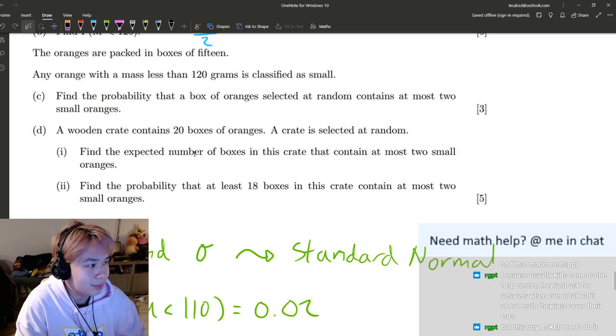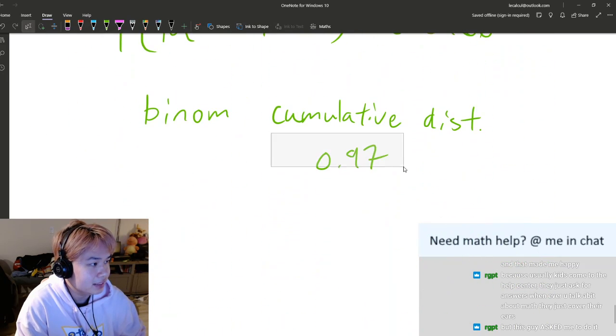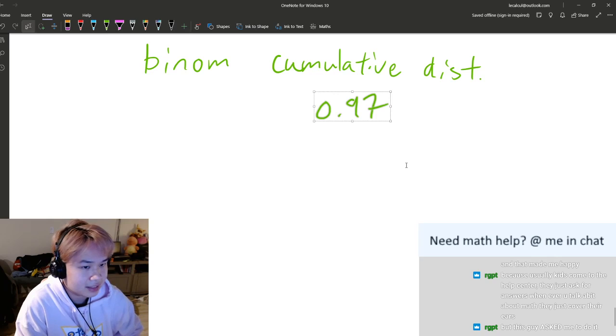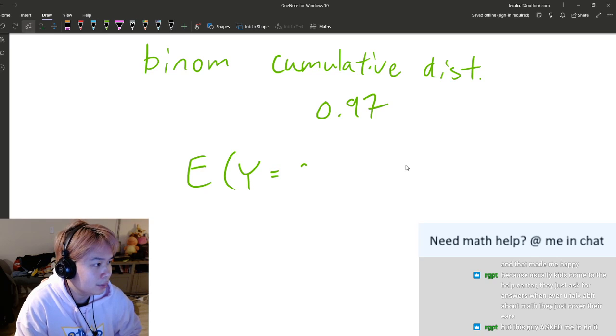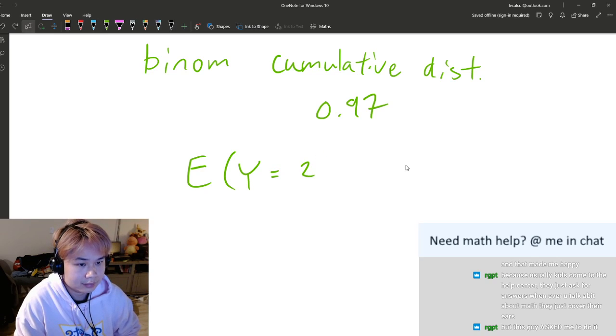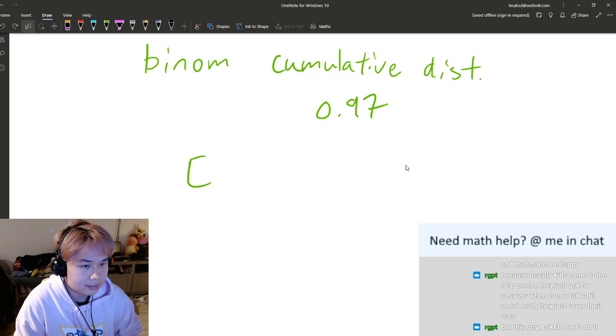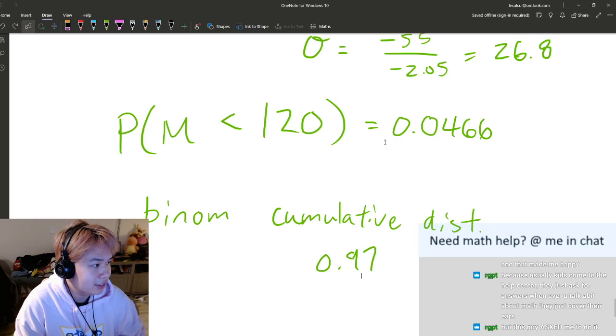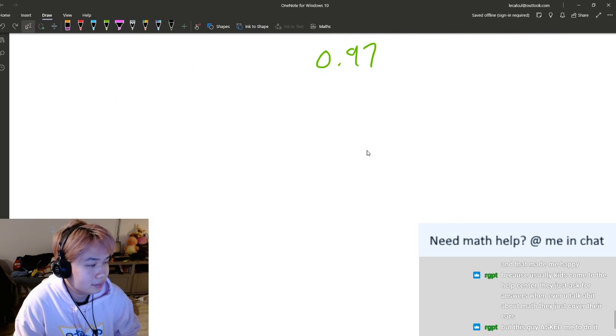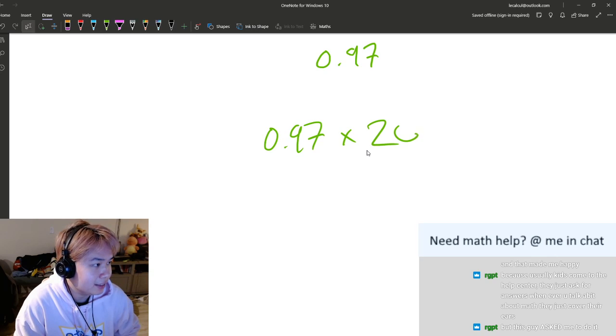Find the expected number of boxes in this crate that contain at most 2 small oranges. So this is at most 2 small oranges per box. So then the expected value, well, you just take 0.97 and then you multiply it by the 20 boxes.